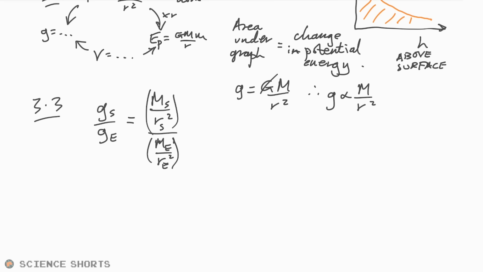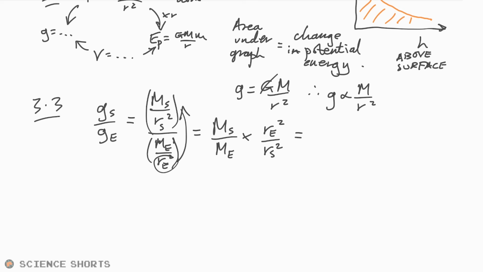And then what you can do in this case, in all these cases really, is say that's the same as, you put the same terms together. So we're going to say that's the mass of the Sun divided by the mass of the Earth times the reciprocal of what's going on with the radii. So this ends up going on top, doesn't it? And so that's going to be the radius of the Earth divided by the distance to the Sun squared.